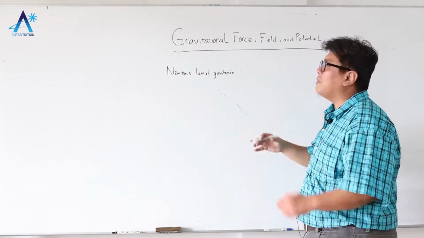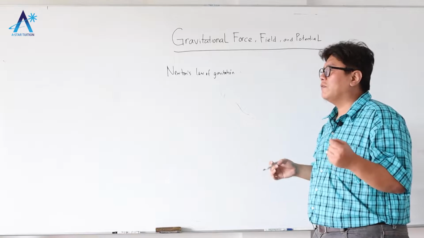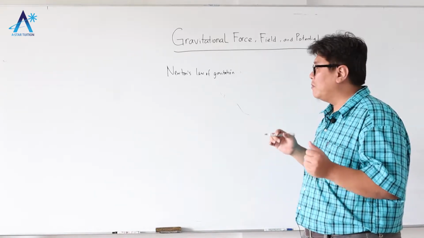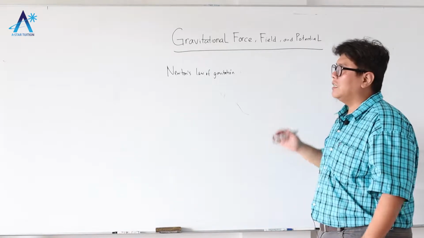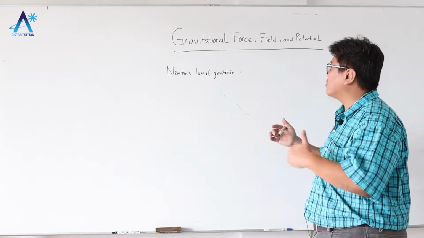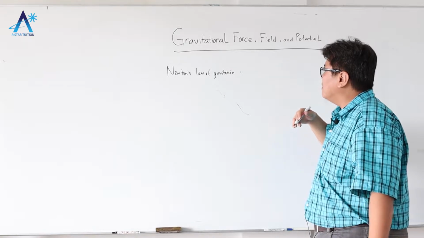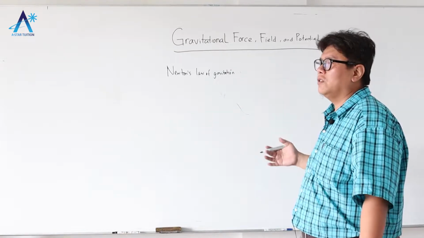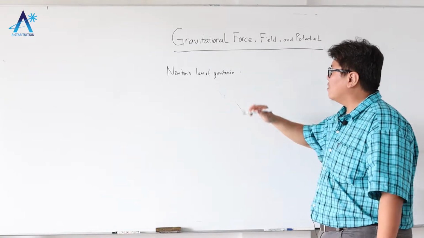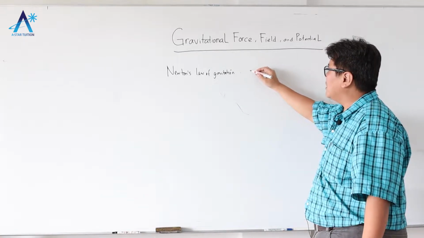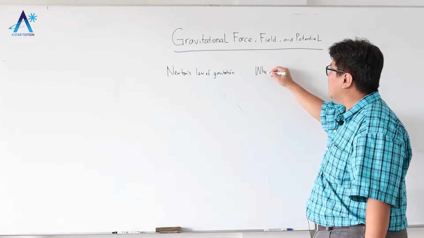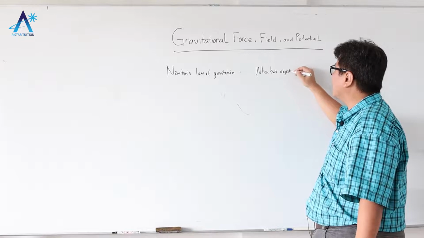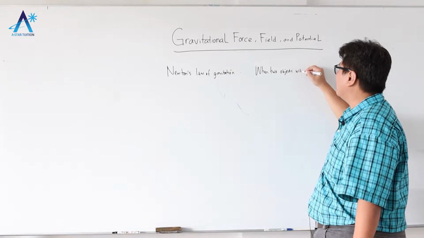When you have two objects that have masses, separated by a certain distance from each other, then there is an attractive force which is proportional to the product of the masses but inversely proportional to the square of the distance.